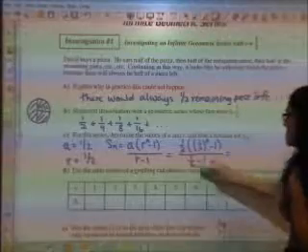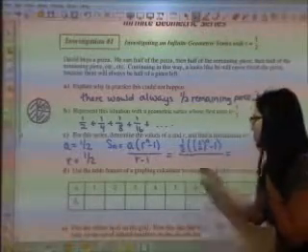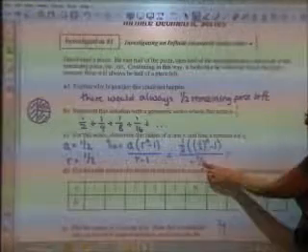What is 1/2 minus 1? Negative 1/2. So I'm going to put that there just because I need more room. And if I take 1/2 and I divide it by negative 1/2, what would I get? But what about the negative?